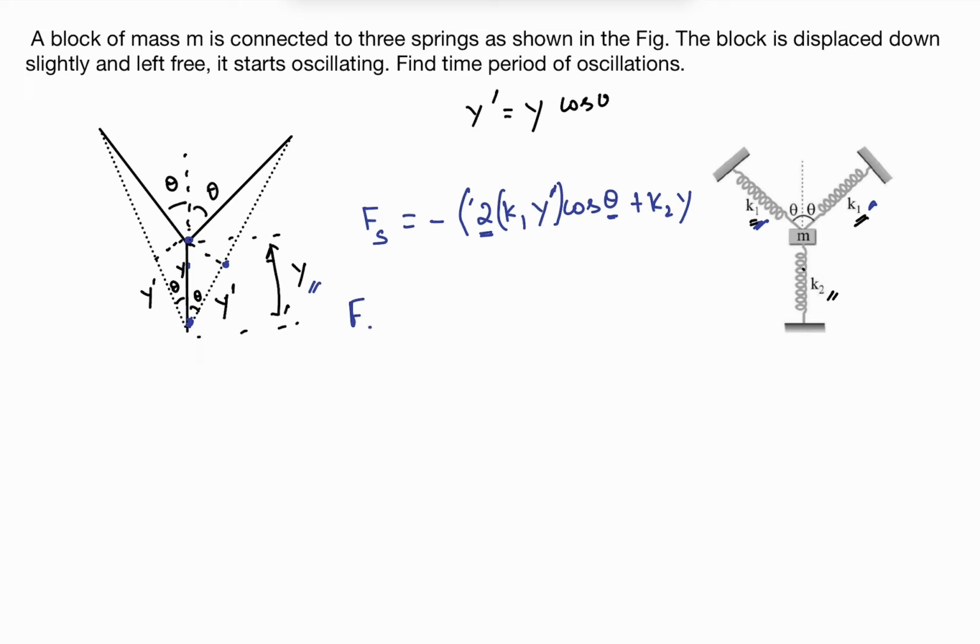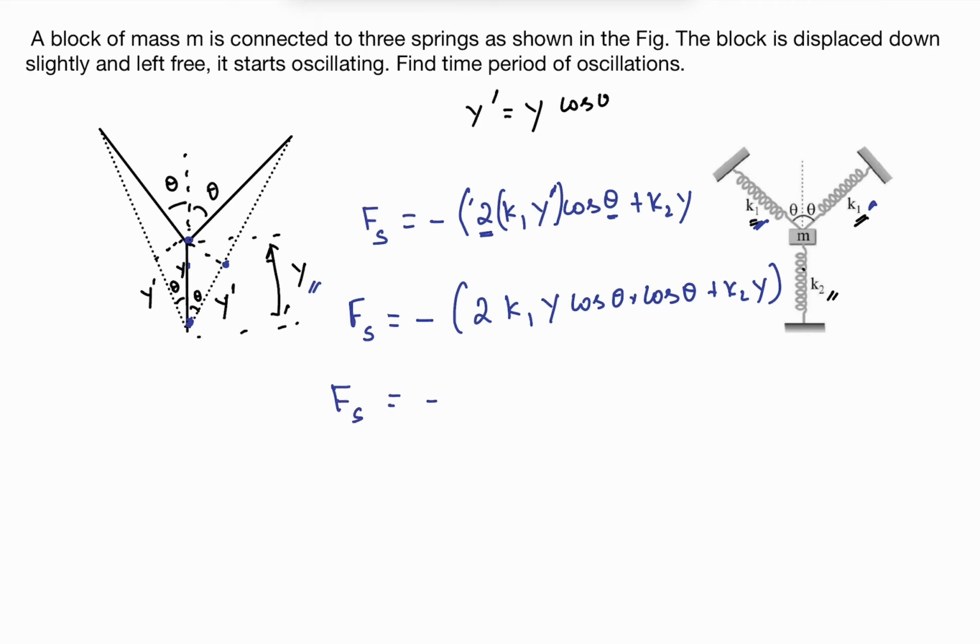Now what is the next step? I have to substitute y dash. So minus 2 K1, and y dash is y cos theta, and already one more cos is there due to the force, so cos theta into cos theta, plus K2 y. Now you can understand what is happening here.